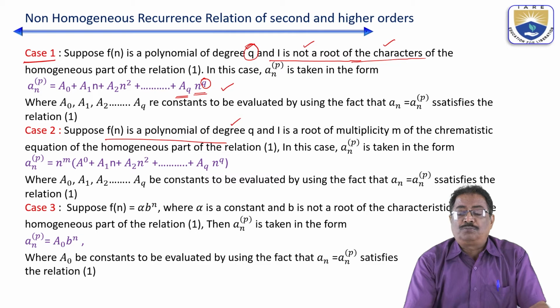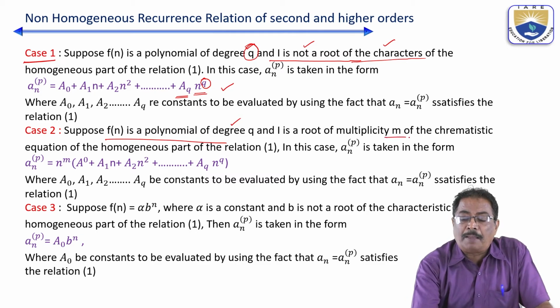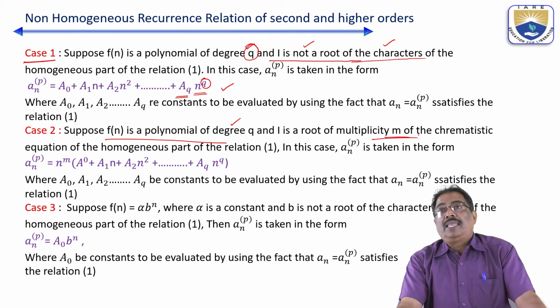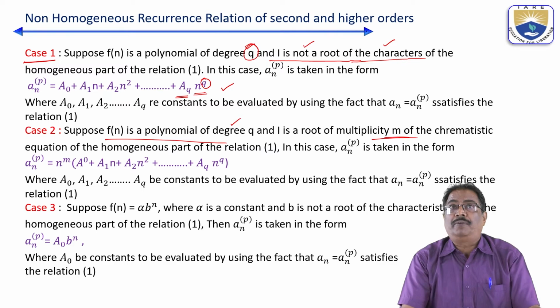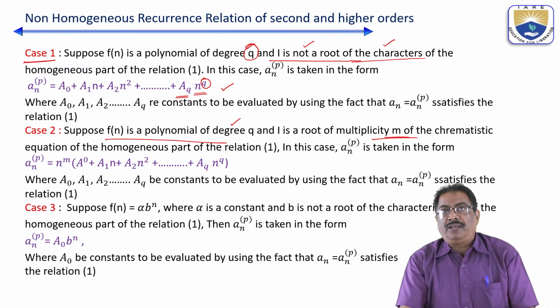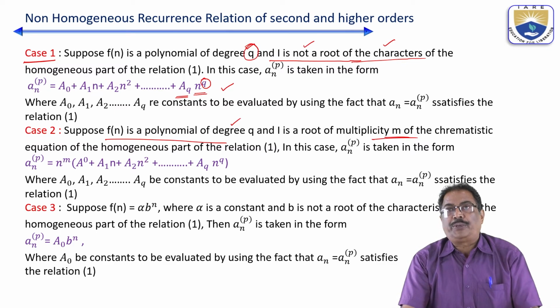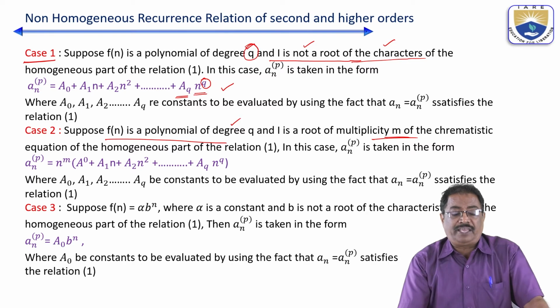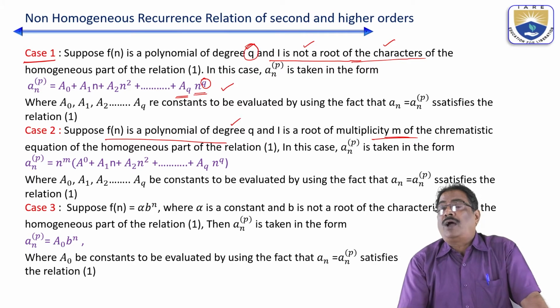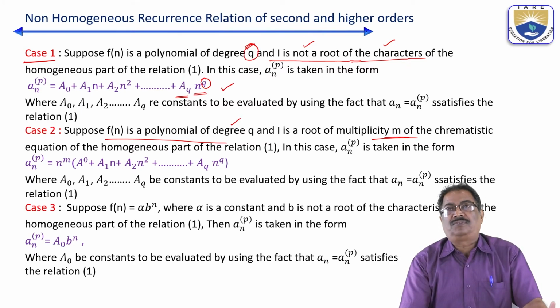Let us assume that it is repeated m times. m may be 1, 2, 3, whatever the value will be. So f of n is a polynomial of degree q, and 1 is a root of the characteristic equation repeated m times.